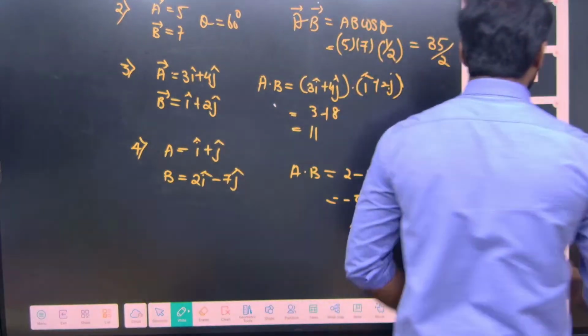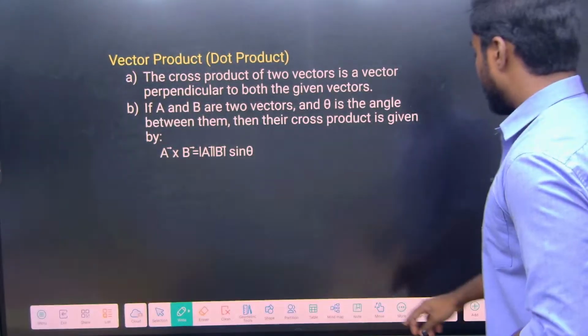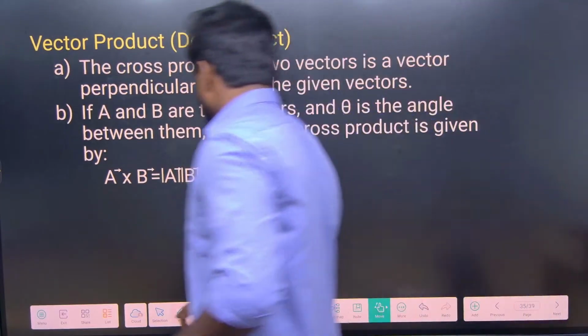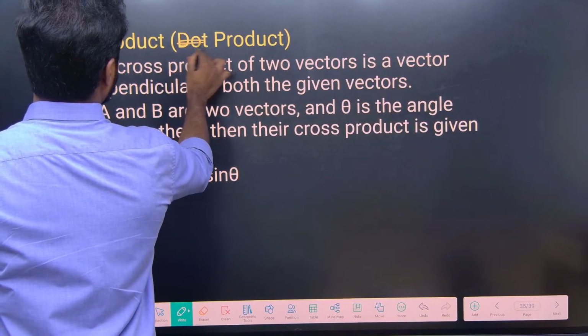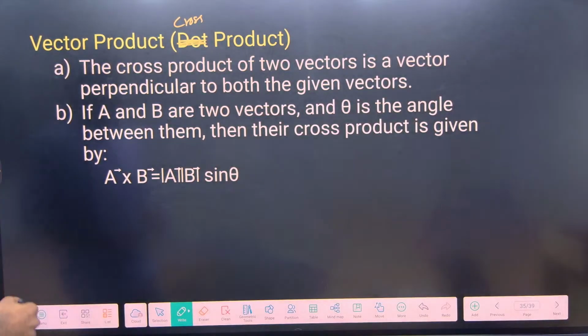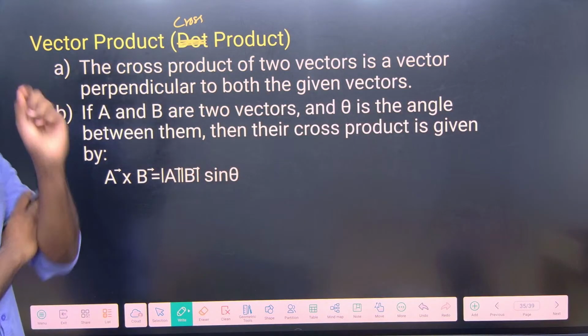Now we will go for the vector product. That is a cross product also we can say. Vector product or cross product. The cross product of two vectors is a vector.